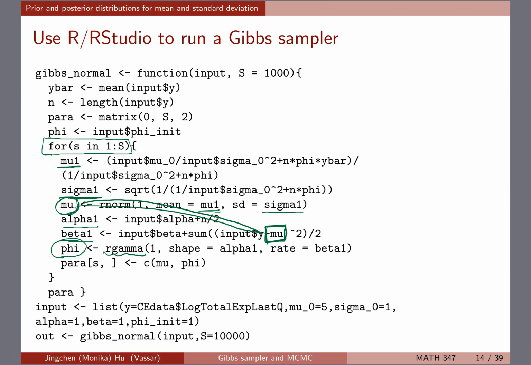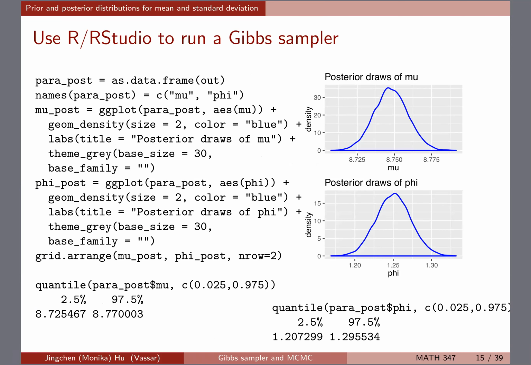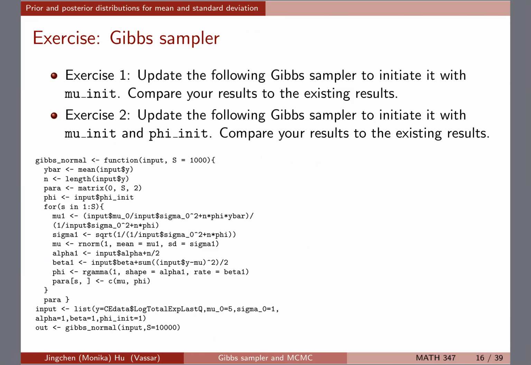Okay, so we stop here for an exercise. Let's focus on exercise 1 for a couple of minutes. Here, I'm asking you to initialize the chain, the MCMC or the Gibbs sampler. Previously, the sample code copied below initializes using phi.